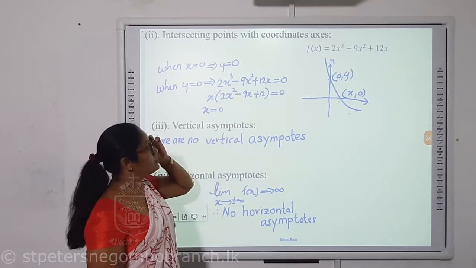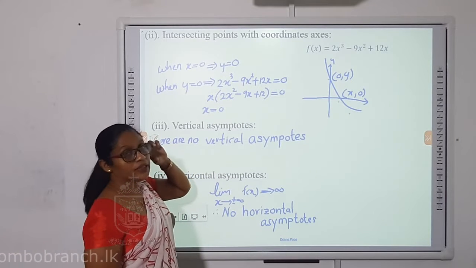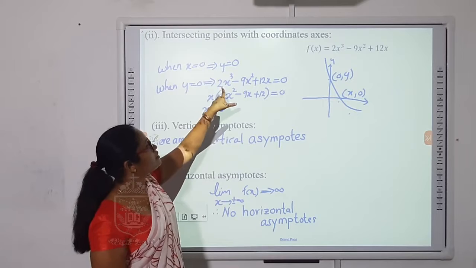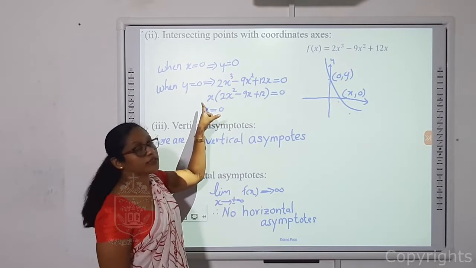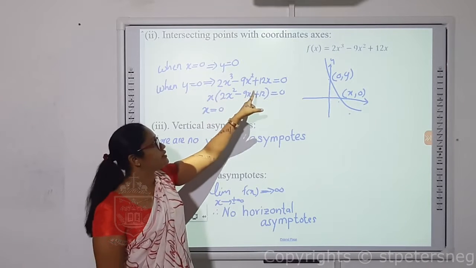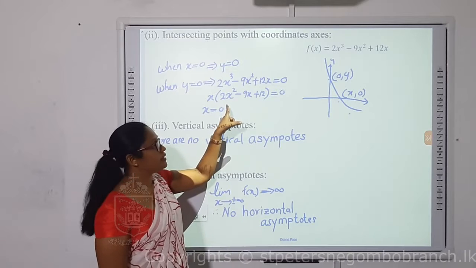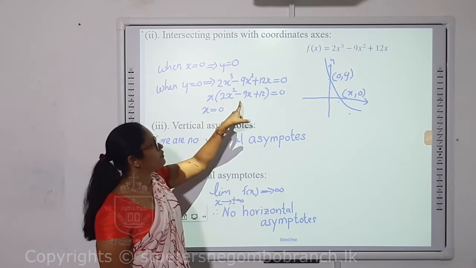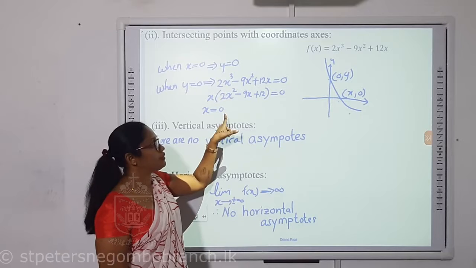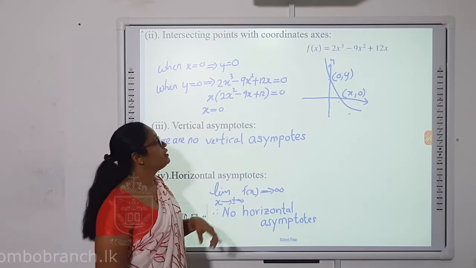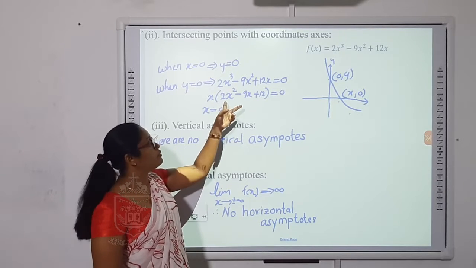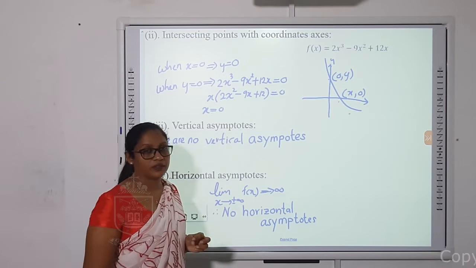This is just solving a cubic equation. Everywhere you can see x, so I took x out. Inside the bracket you can see a quadratic, right? From these two factors I can conclude x equals 0. To find the other points, I have to factorize this quadratic function.